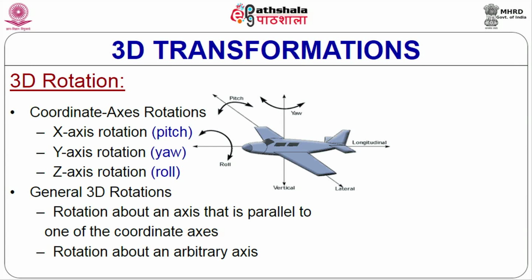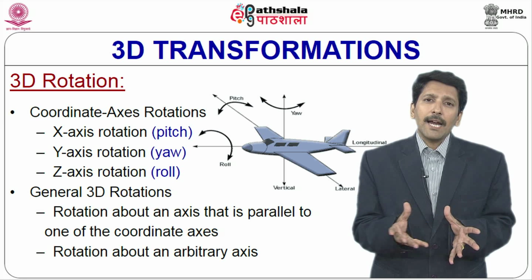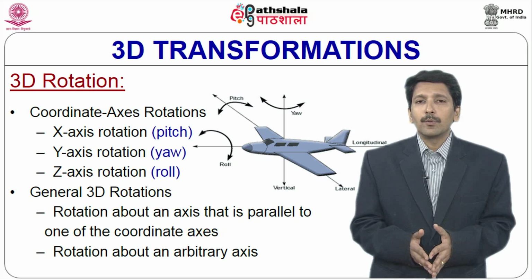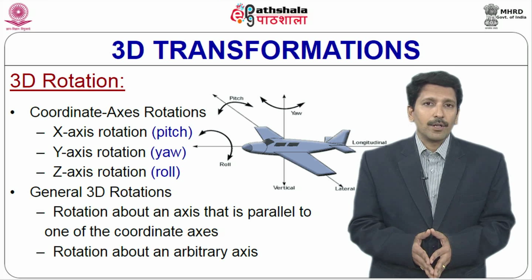But rotation in 3D is much more complex than rotation in 2D. If you look at 3D rotation, rotations are understood to be done about standard coordinate directions initially. For rotation we would require an axis of rotation.